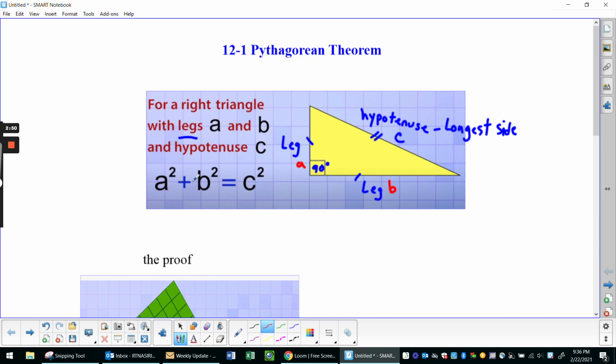Okay, so A squared plus B squared is equal to C squared is the relationship between the two legs and the hypotenuse of a right triangle. So very important that it's a right triangle. Okay, so one of the angles is 90 degrees. So that's how you show a 90-degree angle, by having a little square here.